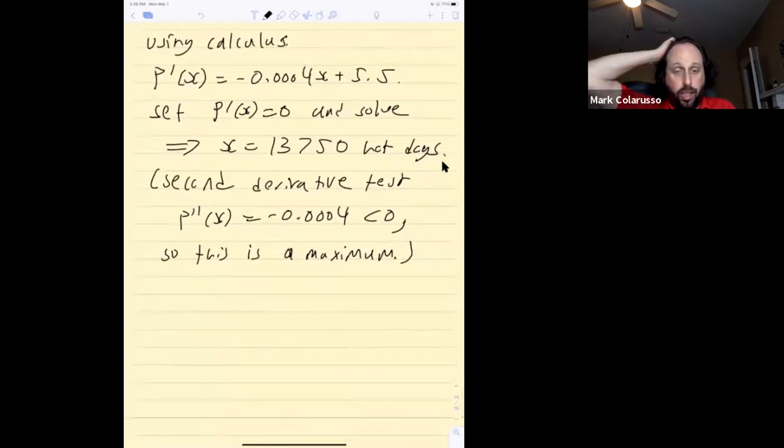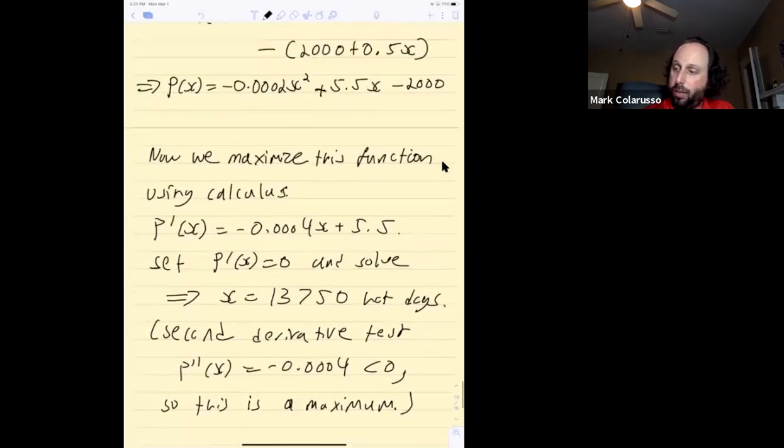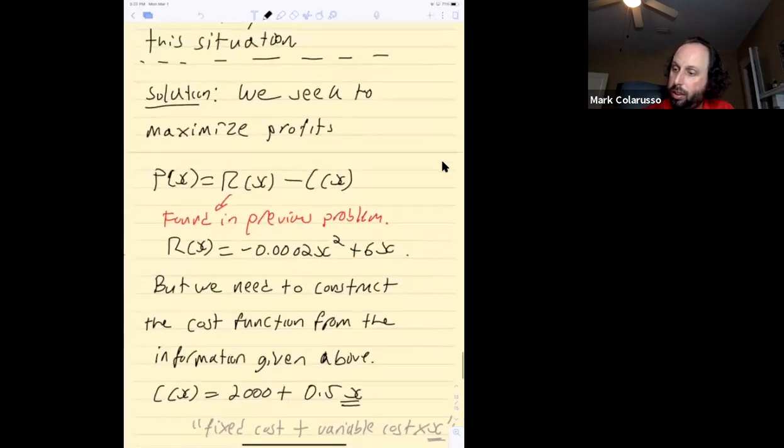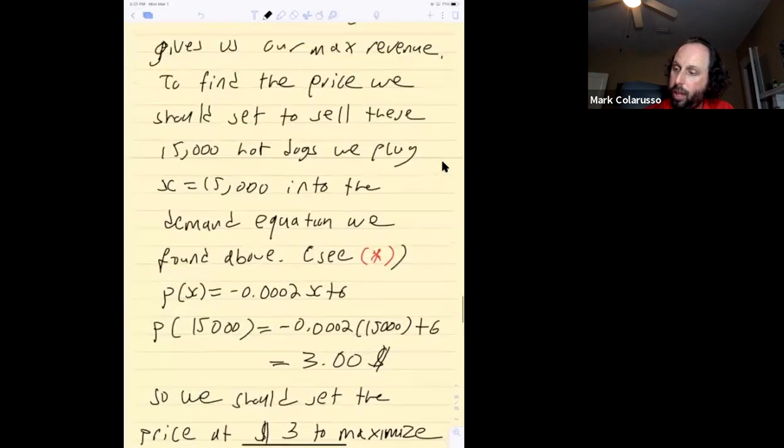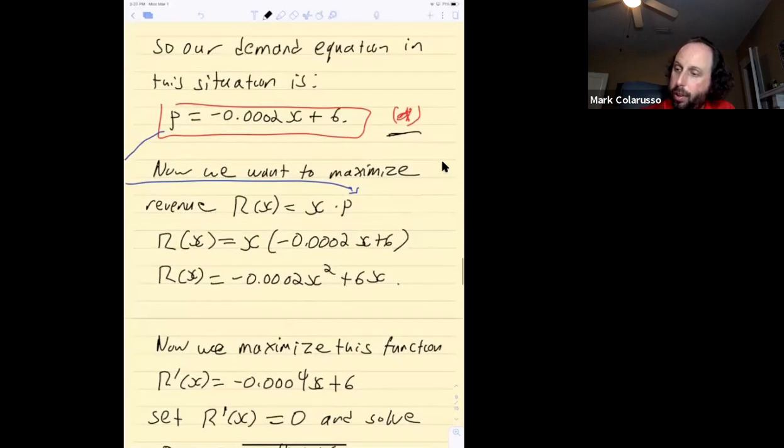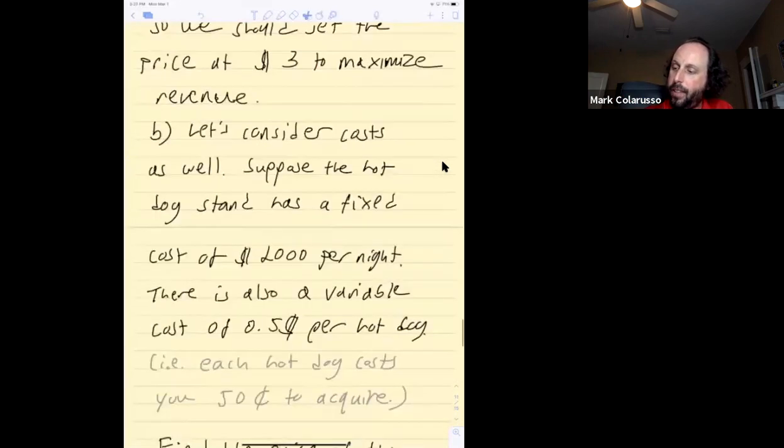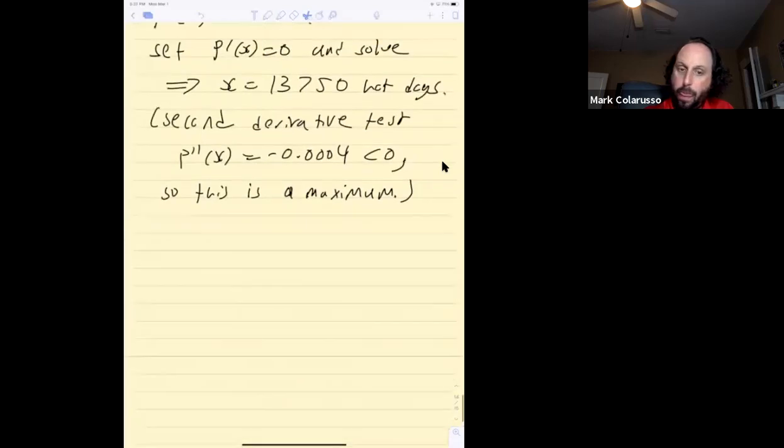And now we just need to find the price. So we go back to the demand equation star, which is way up here. Copy it. Oops, sorry.